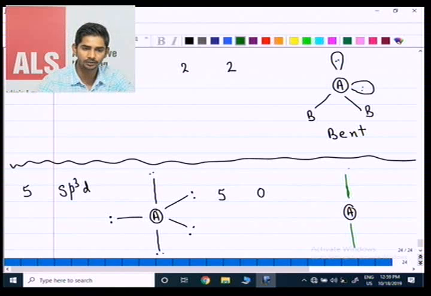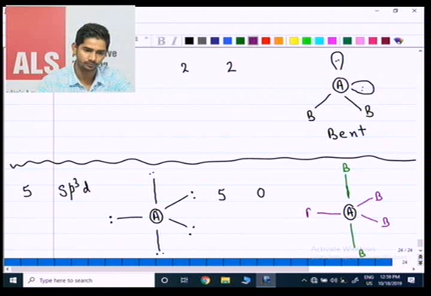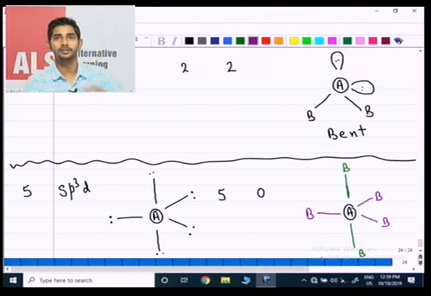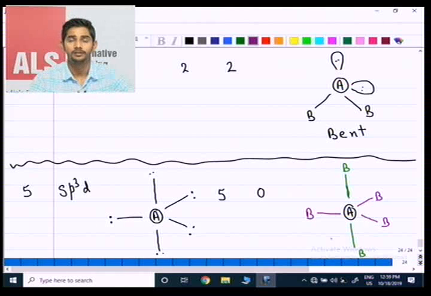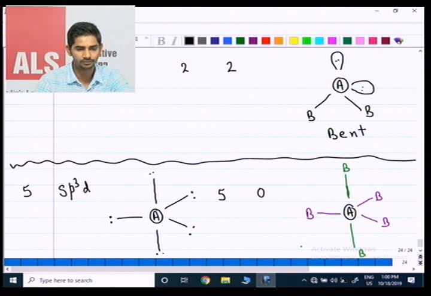Guys, do one thing, the bonds which are in green are bigger than the bonds which are in blue. And this shape is known as the, I'm writing over here, this is your trigonal bipyramidal.